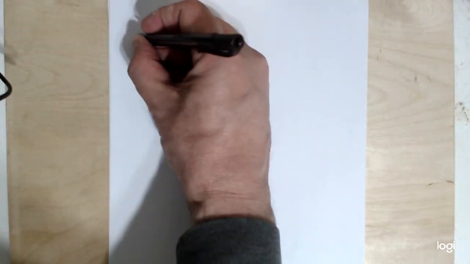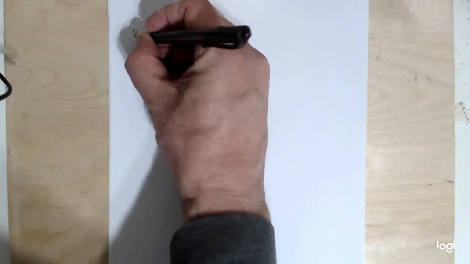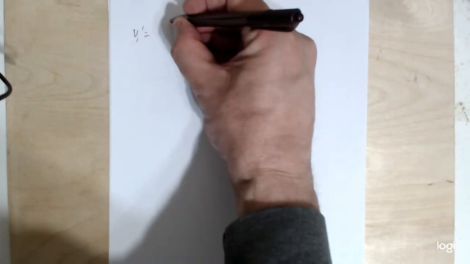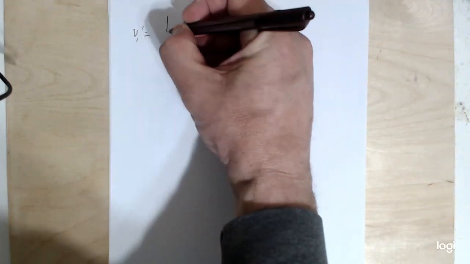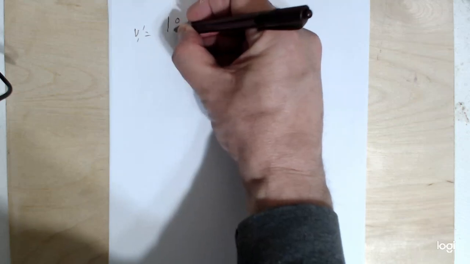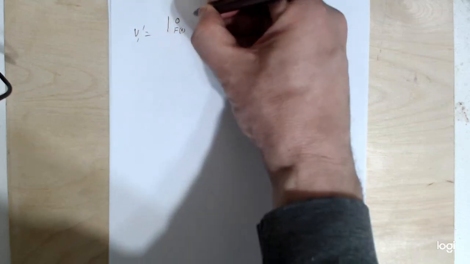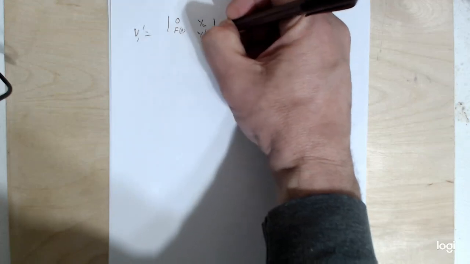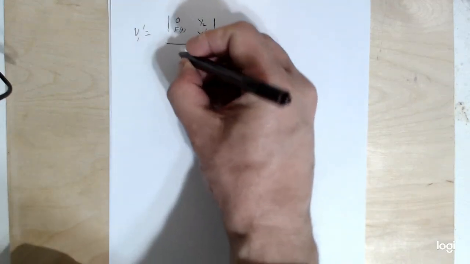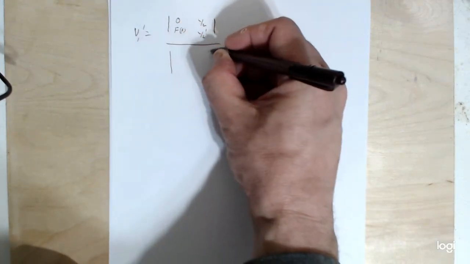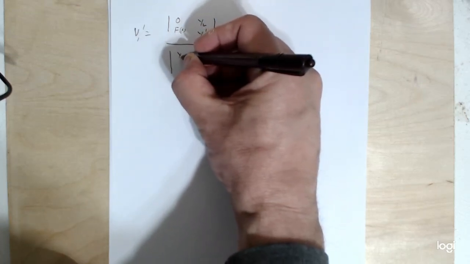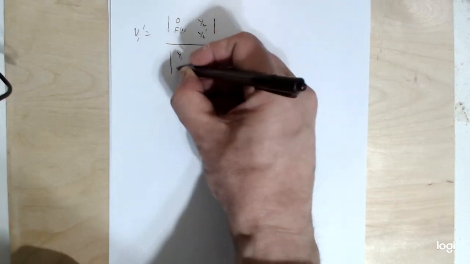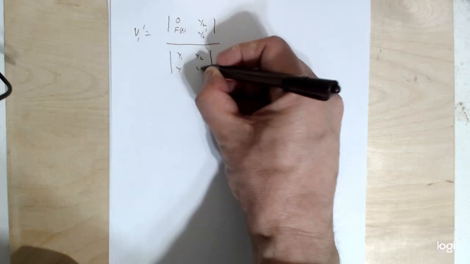Now, before we write that down, let's remember what our basic formulas are. v1 prime, if you look at what we had, is going to be the determinant with 0 and f of x in the first column and y2, y2 prime in the second, over the Wronskian, which was y1, y2, y1 prime, y2 prime.